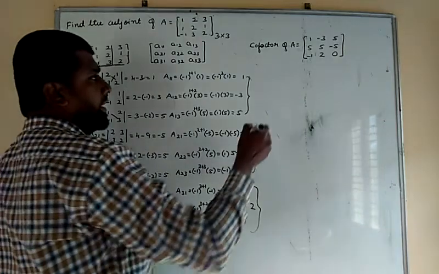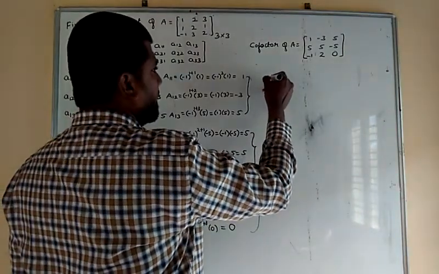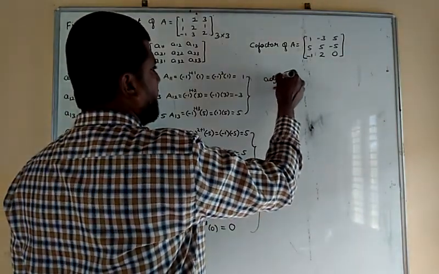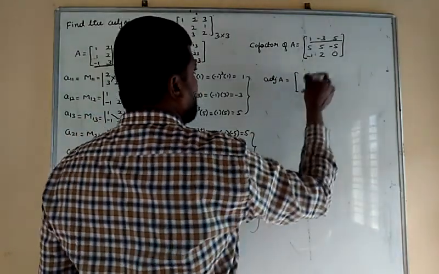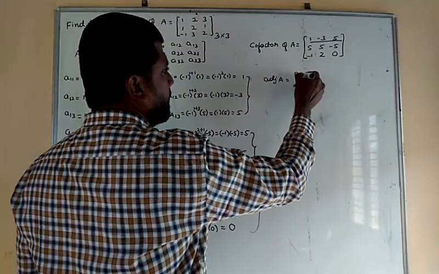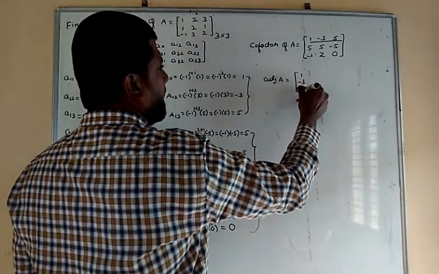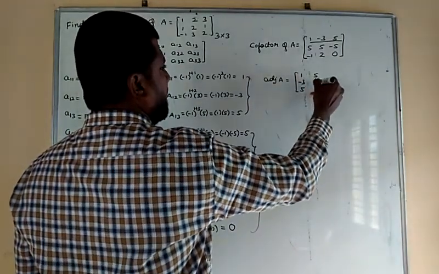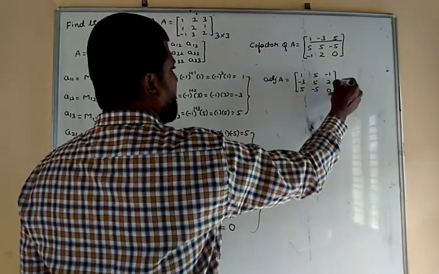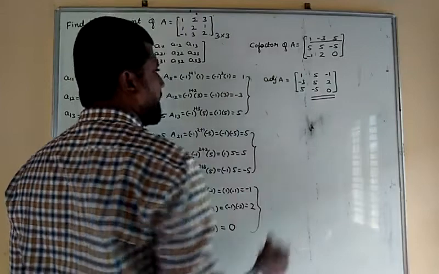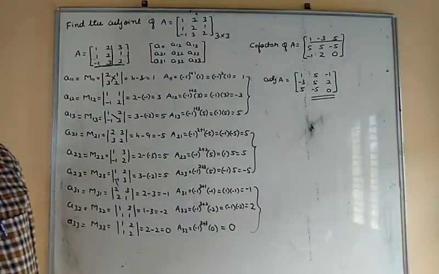Now let us find the adjoint. Adjoint means the cofactor of A should be transposed. Adj of A is equal to, so row should be written in the column, that is called a transpose. 1 minus 3 5, 5 minus 5, minus 1 2 0. So this is the adjoint of A of order 3 cross 3.